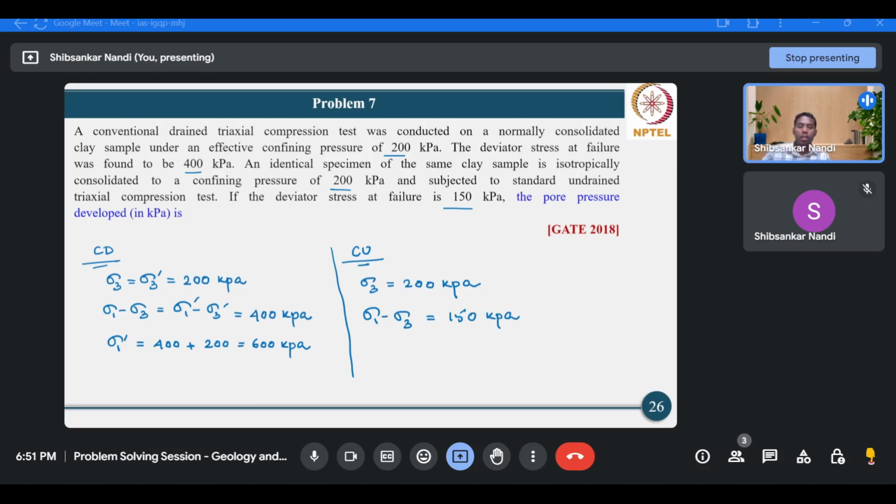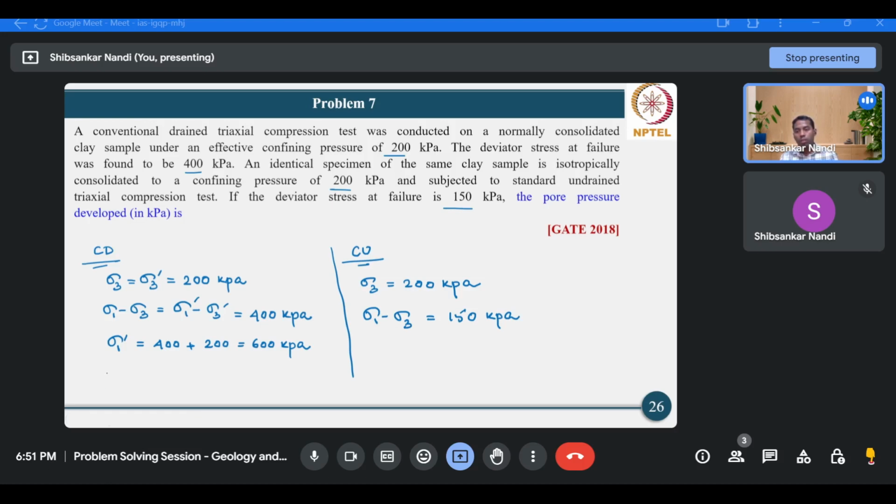This question is similar to one of our previous problems, and we can easily address it. First, we have to calculate the drained shear strength parameters for the soil sample, and we will utilize them in the undrained case by writing the relationship between sigma 1 prime and sigma 3 prime in terms of effective stress conditions. In that way, we can easily determine the pore pressure developed inside the sample.